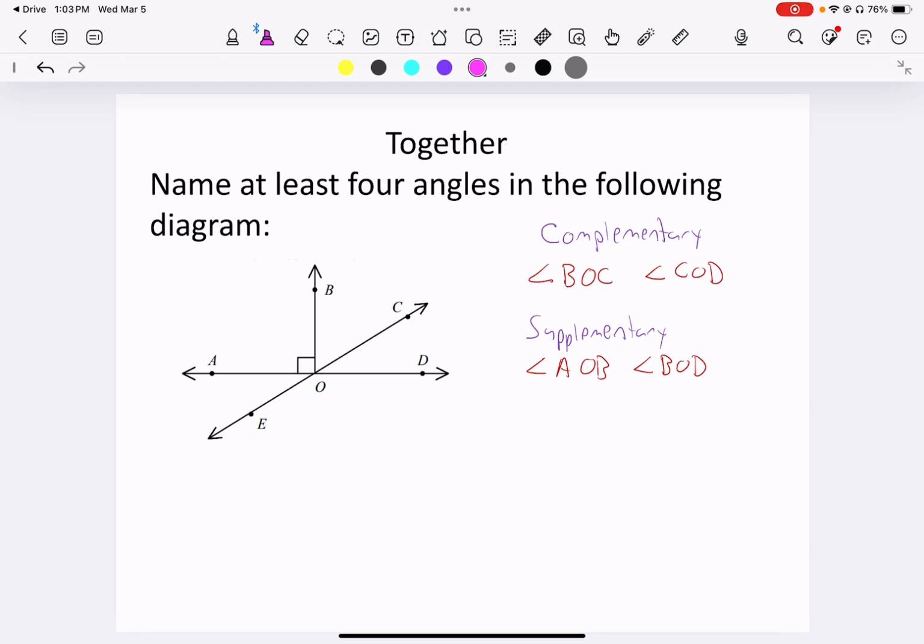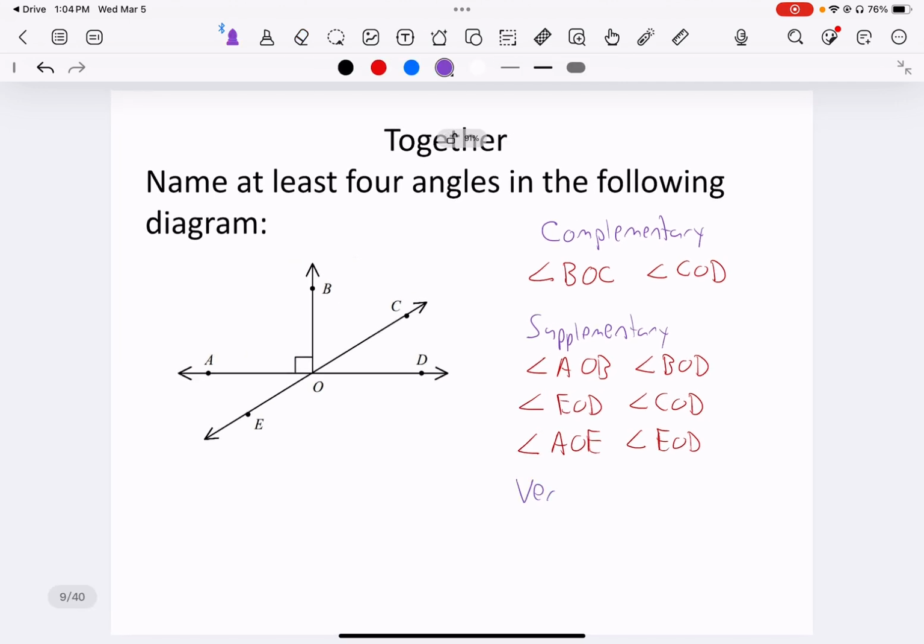I also have another straight line here, and I can say that angle EOD and angle COD are supplementary because they form that straight line. And even a third straight line back to this first one, but now we could look at the bottom part. So we could say angle AOE and angle EOD also form a straight line.